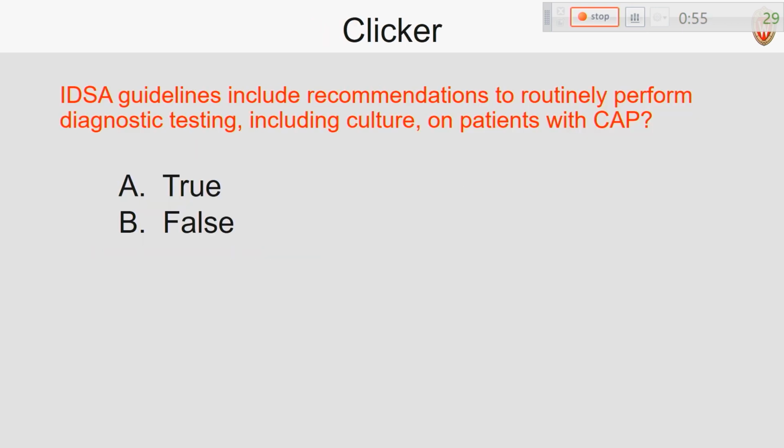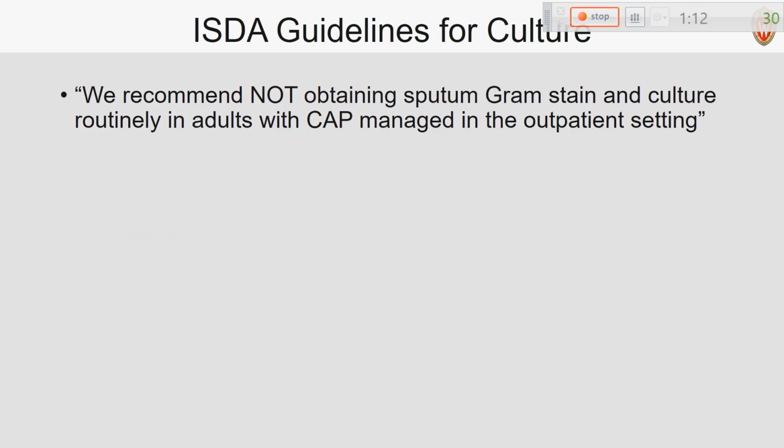I'm not going to do this one with a clicker, but the IDSA guidelines include recommendations to routinely perform diagnostic testing, including cultures, on patients with community-acquired pneumonia. I'll let you think of that in your head. The answer is it's false. They do not routinely recommend cultures or any other diagnostic testing for patients being managed in an outpatient situation. This does change if the patients become hospitalized or have severe disease.